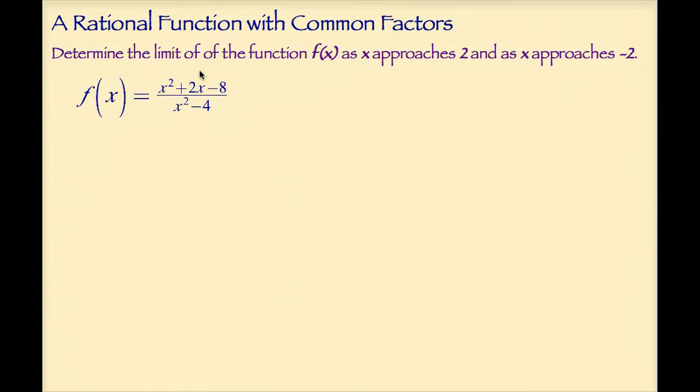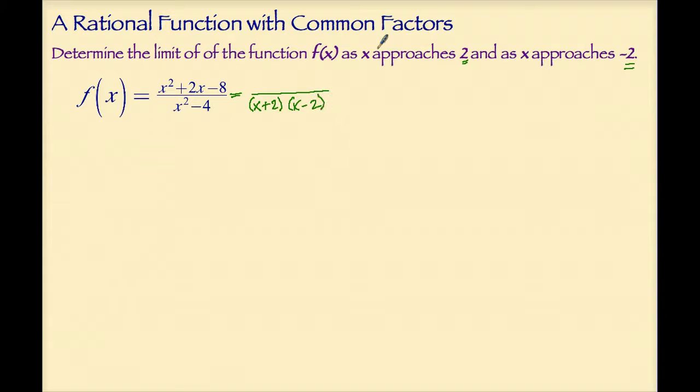Let's determine the limit of this rational function as x approaches 2 and as x approaches negative 2. Of course, with a rational function, we need to closely examine the denominator to determine if there are going to be any domain issues. When we factor this denominator, we get these two factors, x plus 2 and x minus 2.